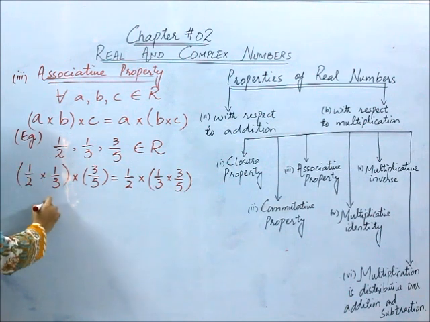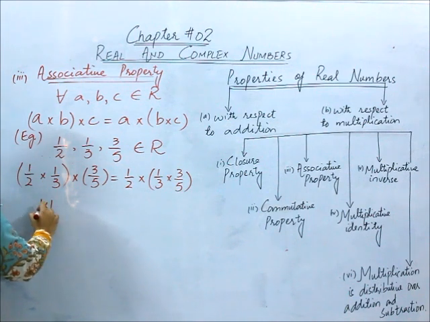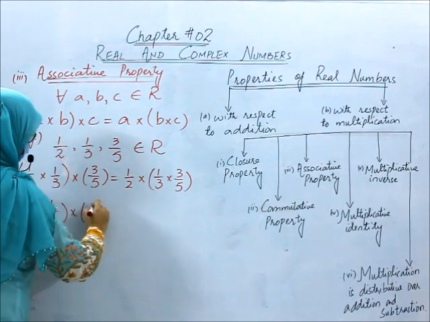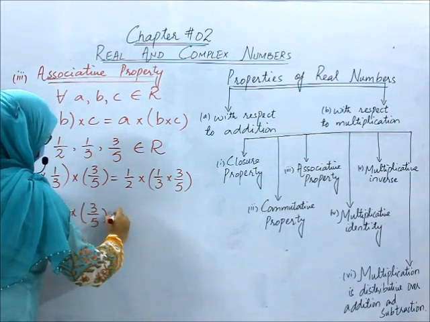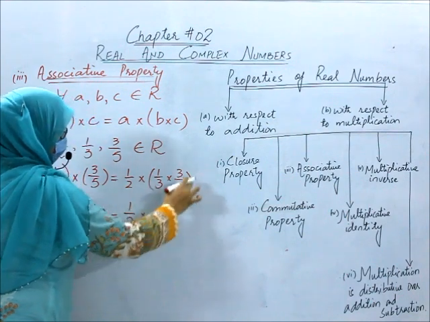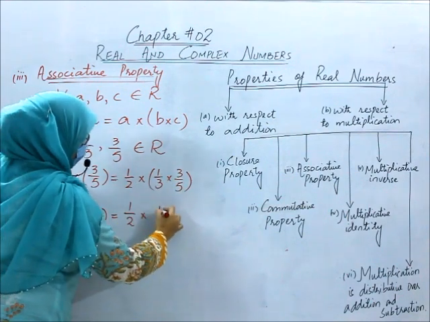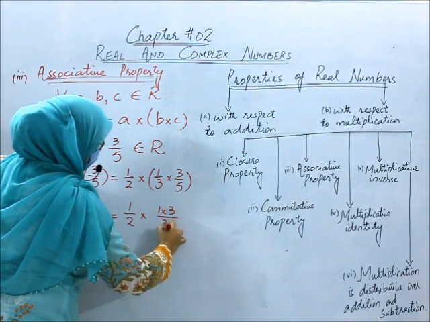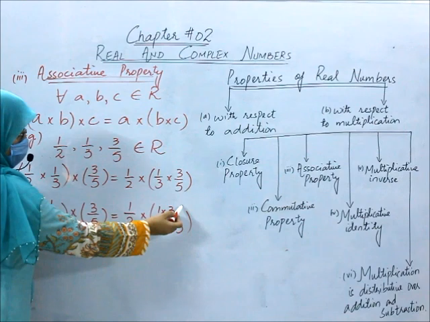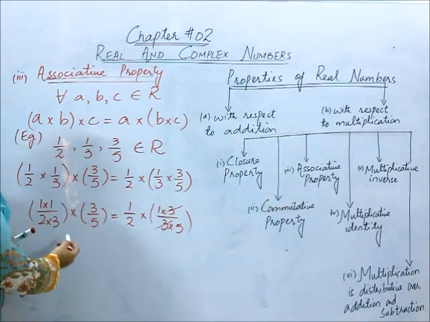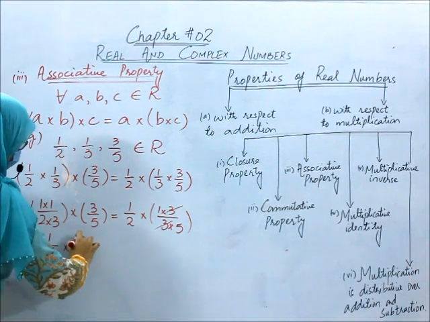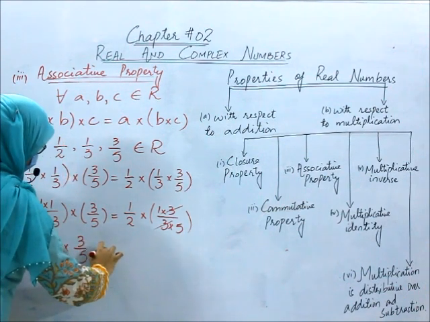Here numerator would be multiplied with numerator and denominator with denominator. Similarly, if you multiply these two numbers, numerator would be multiplied with numerator and denominator with denominator. Here can we cancel 3 with 3? Yes. And what about this? This is 1 by 6 multiplied by 3 by 5.